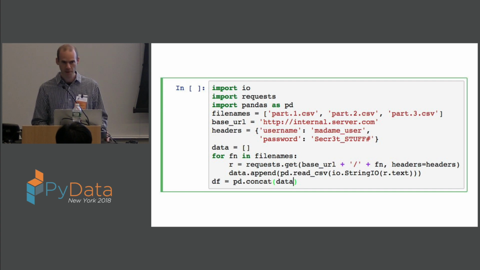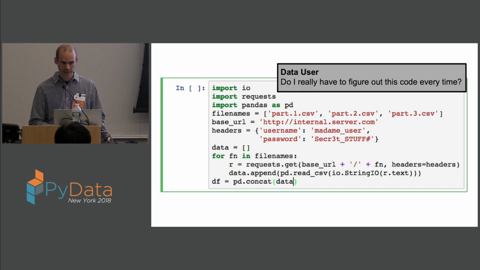So I'm going to run through what different people might have to say about this. First of all, the data user. That is the person that's actually going to execute this cell and do something with the data frame. That might be an analyst or data scientist. All these things are difficult to define exactly what the different jobs are, so I'll just call it the data user. They're wondering, I just had to type all of this out.